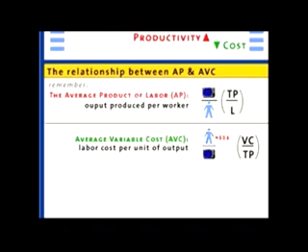The average variable cost is equal to what? It's equal to the variable cost, that is the total amount of money that your firm spends on labor, divided by the total amount of output that you produce, the total product of labor. So here is spending on labor, here are the number of televisions you produce.